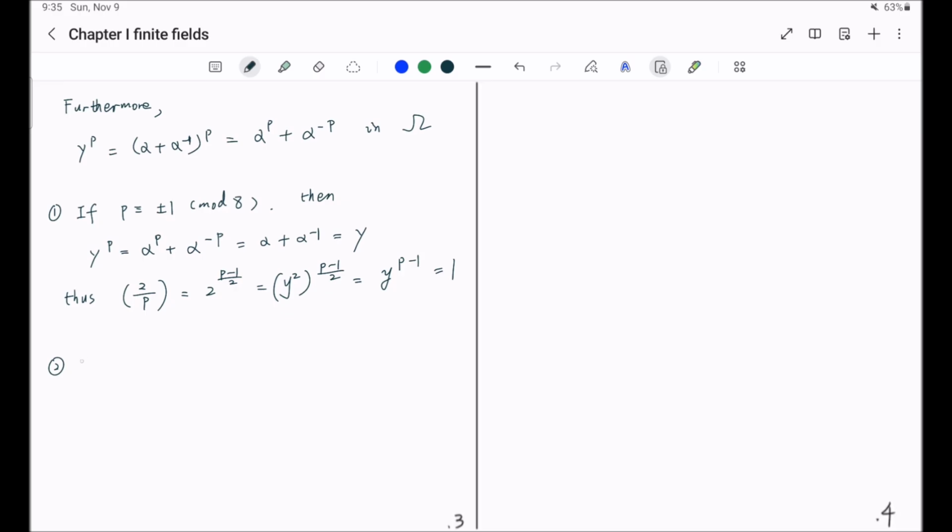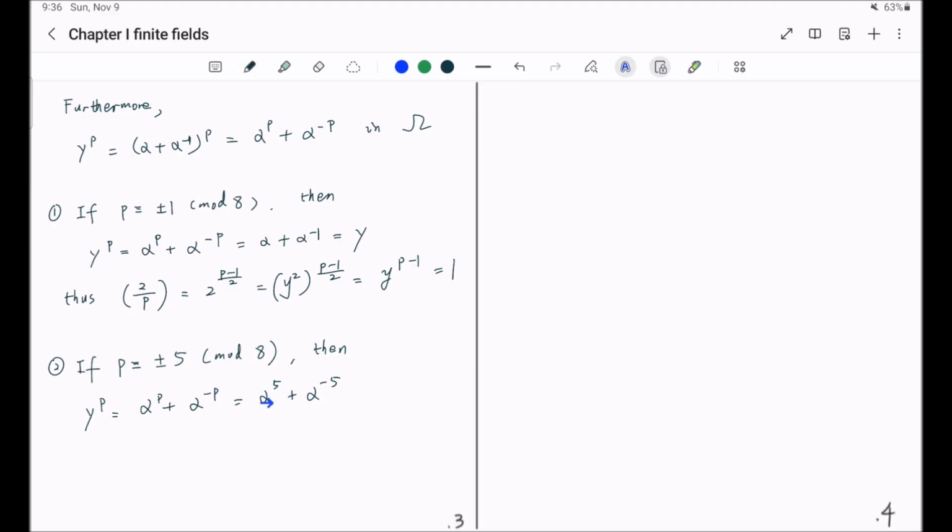And in the second case, if p is congruent to plus minus 5 modulo 8, then what do we have? We have y to the p is alpha to the p plus alpha to the negative p. In this case, let's reduce to alpha to 5 plus alpha to negative 5.